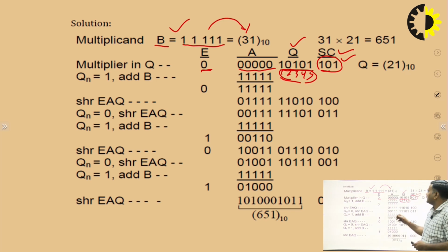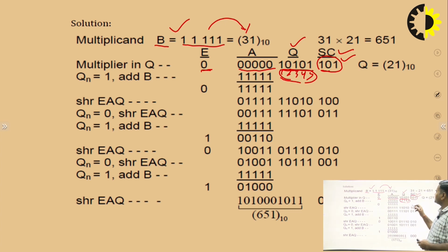So this is the initial step. In this we set all the values before the multiplication, that is multiplicand, multiplier, sequence counter, register A value and register E value. After that we have to start our multiplication process.